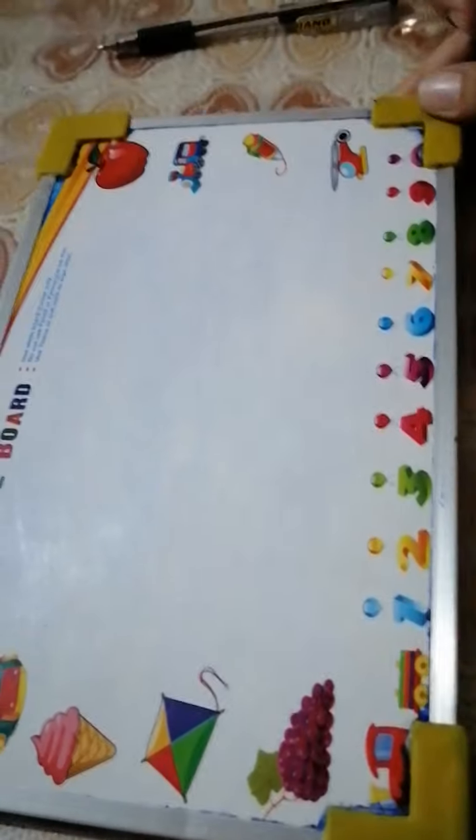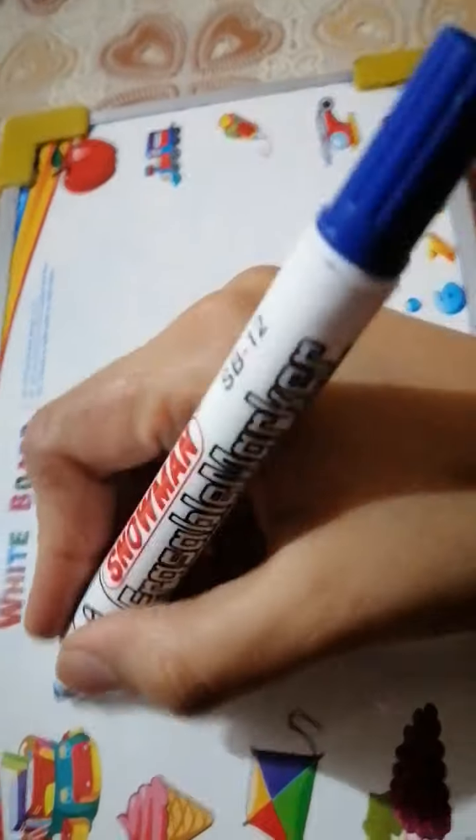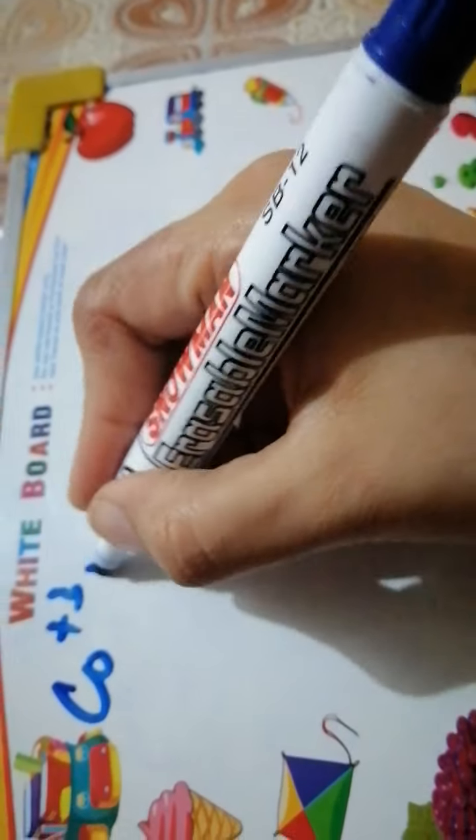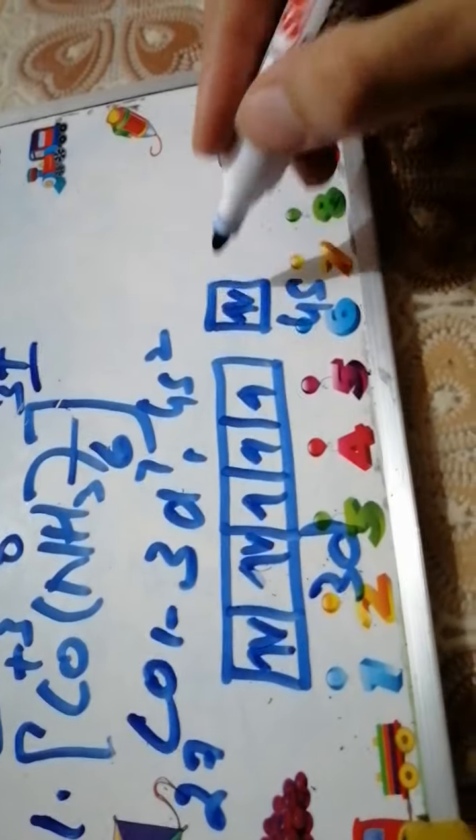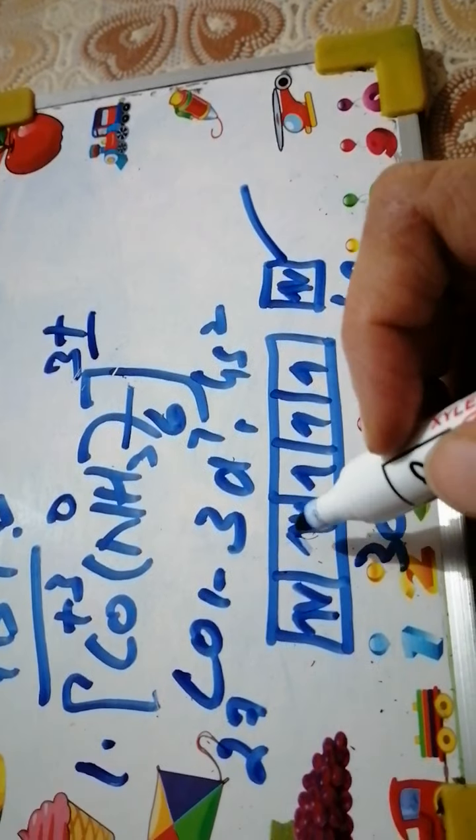Done. Okay, the next step is, the metal is having +3 charge, so you need to remove 3 electrons, right? In the previous side you see the 2 electrons from 4s and the third electron from 3d, right? They are just removed because our metal is having +3 charge.